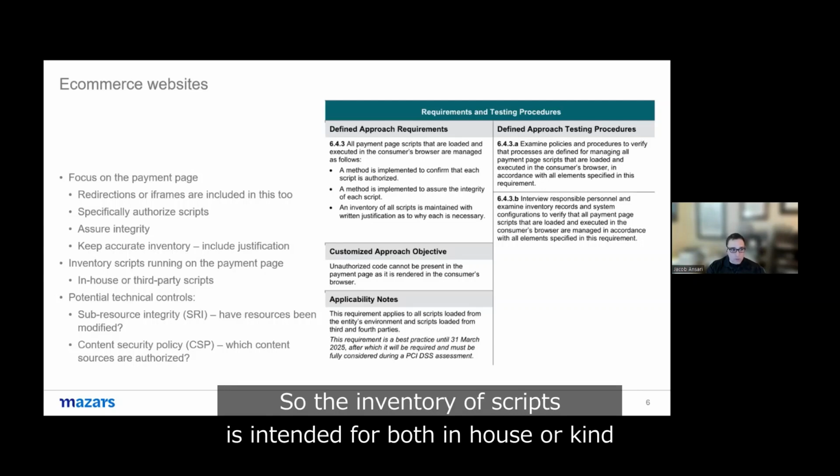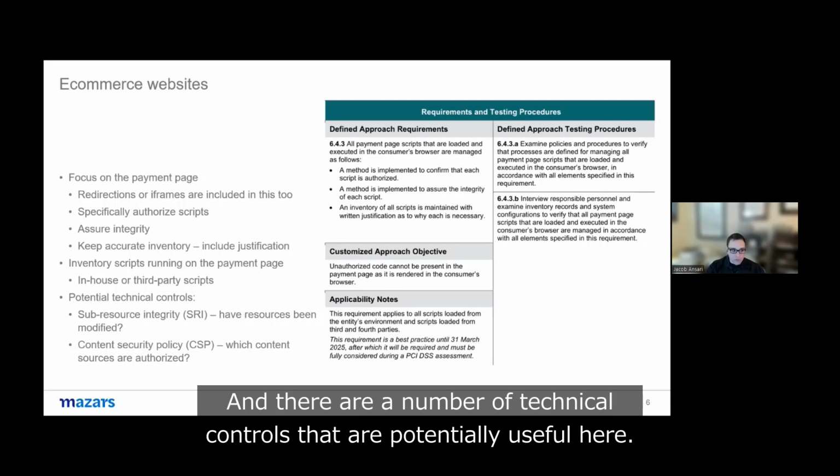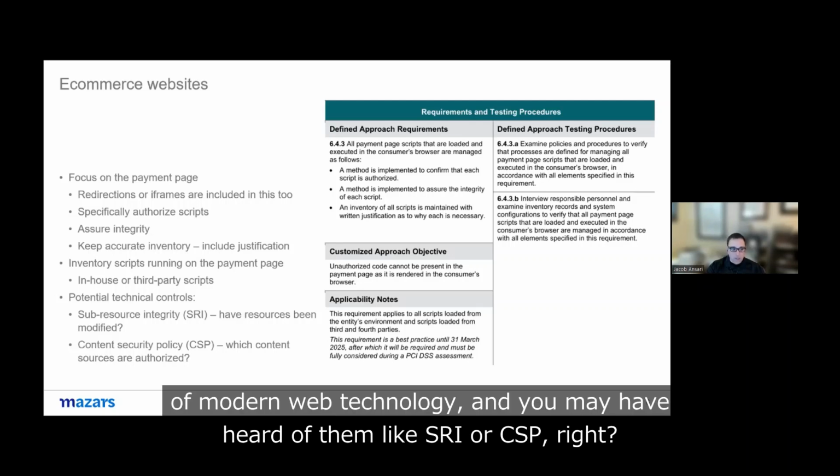So the inventory of scripts is intended for both in-house or kind of third-party content that gets loaded on the payment page. And there are a number of technical controls that are potentially useful here. Some of these are endemic to modern web technology, and you may have heard of them, like SRI or CSP, right?